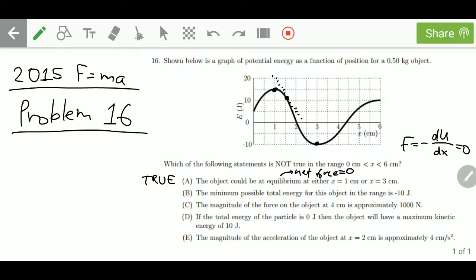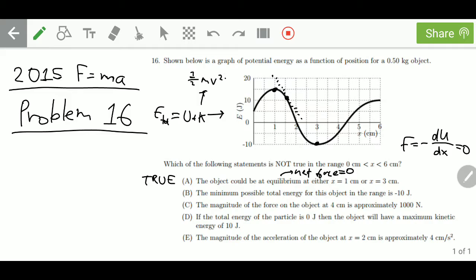Now, statement B says the minimum possible total energy for this object in this range is negative 10 joules. We're told the potential energy, not the total energy. But we know that the total energy is equal to the potential energy plus the kinetic energy. What is kinetic energy? Kinetic energy is 1/2 mass times velocity squared.